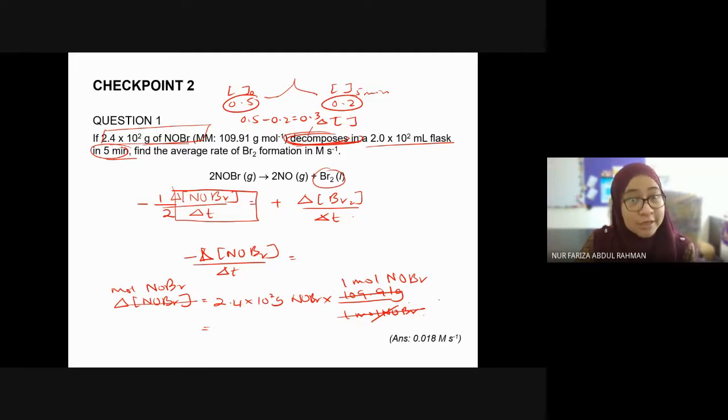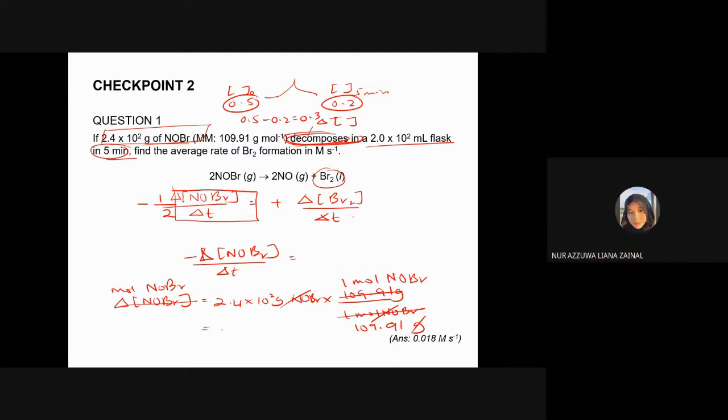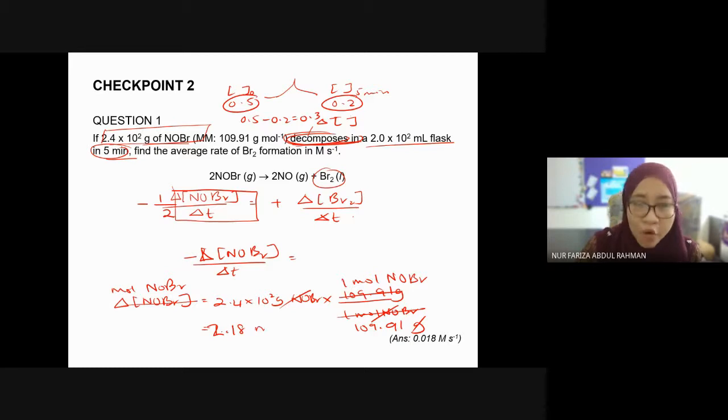That's the good thing about dimensional analysis. If you have no units, you just press the calculator. How many grams, guys? 2.4 divided by 109.91 gram gives 2.18 mole.